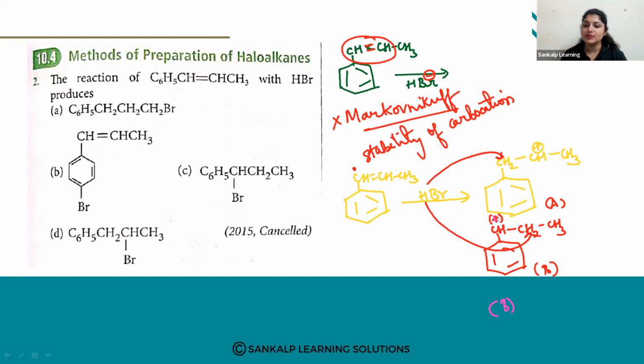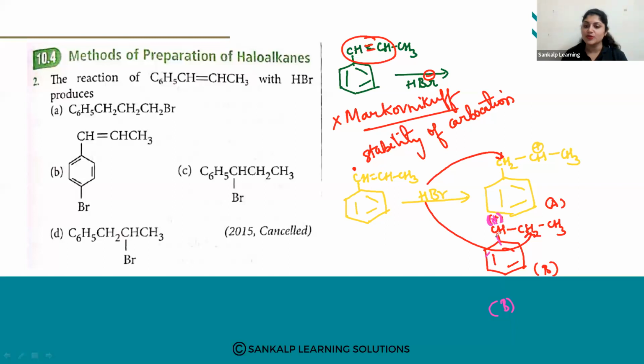Why? Because the positive charge on this particular carbon will be resonance stabilized. There is a benzene ring, right? Because of the presence of this benzene ring, the positive charge on that carbon is directly attached to the benzene ring.